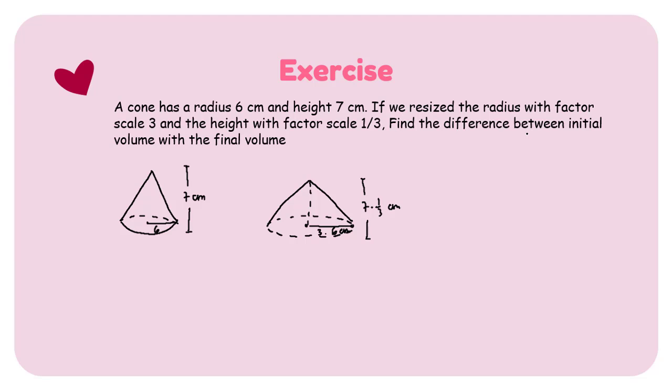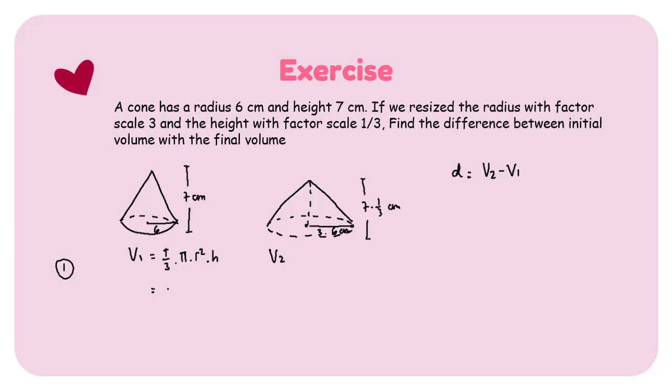Okay, and then how to find the difference? There are two ways to find the difference of the volume. We have to subtract the first volume from the second volume. So let's find it using the first way. Super easy, you can find the volume of each cone because we already know all the components, like the radius and also the height, right?